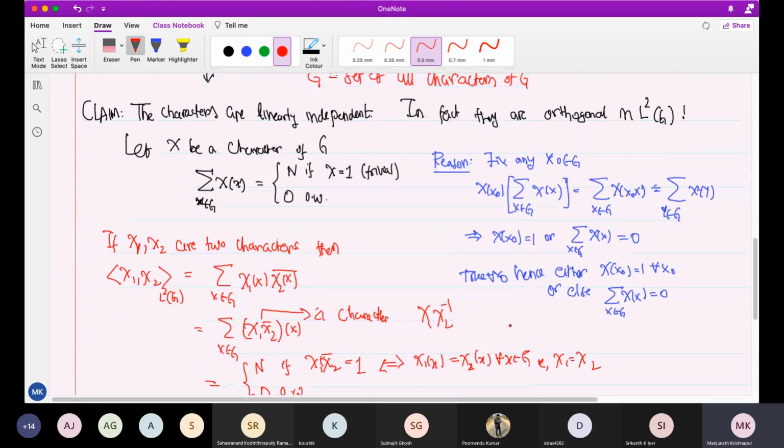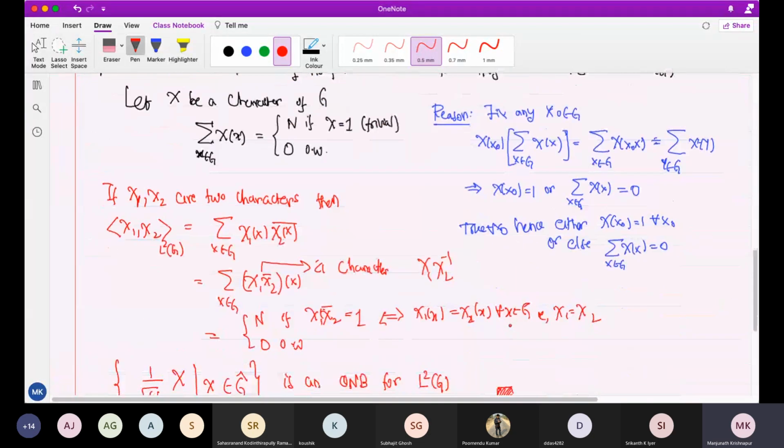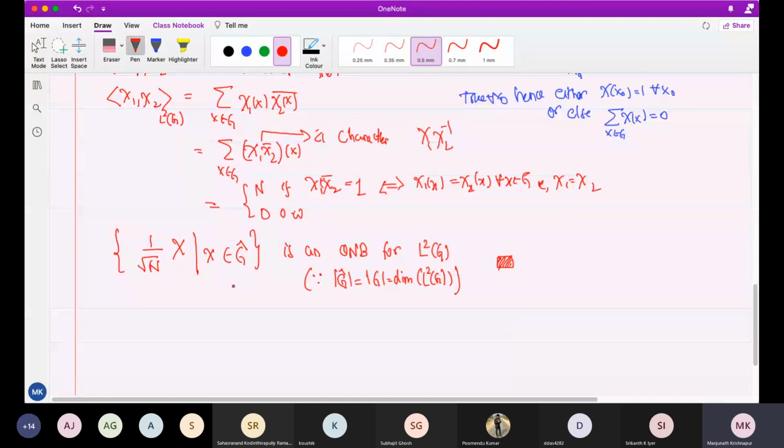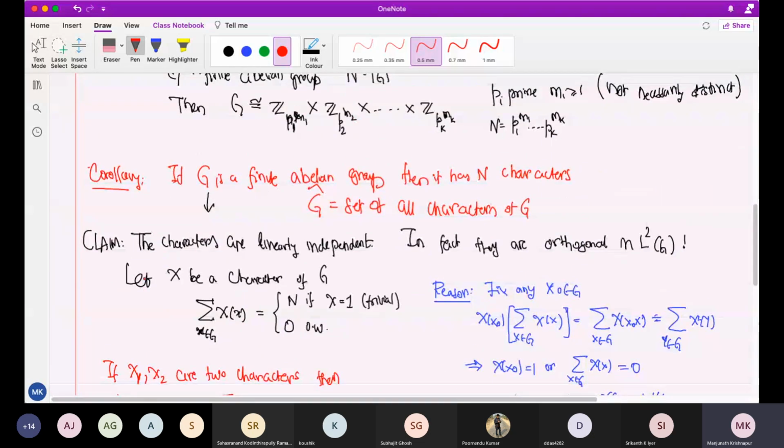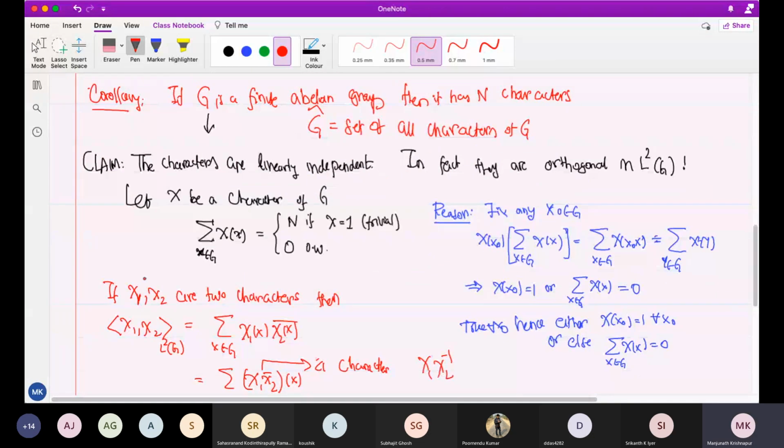So for any finite abelian group, the characters form an orthonormal, well, let me be loose and say they form an orthonormal basis. You have to scale by square root n to get an orthonormal basis. Okay. I find it somewhat thrilling. Here the character is a purely group theoretic notion, right?